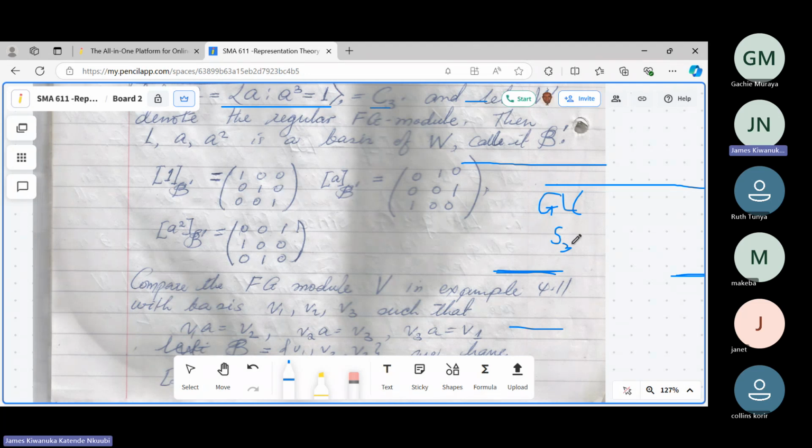These elementary matrices behave like the elements in S3. You can replace all of them, but these ones just pick 3 of the elements in S3. The rotations, if you want, happen to coincide with C3, so you can think of them as the rotations.